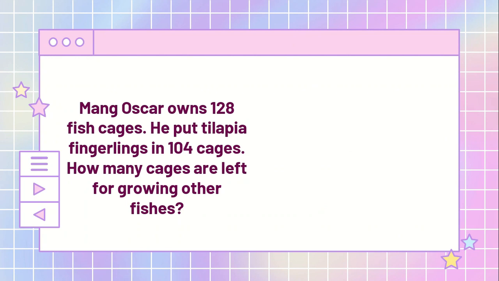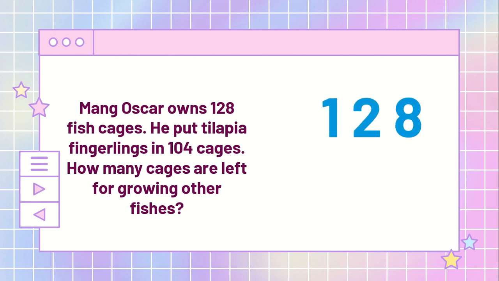Let's read first this one. Mang Oscar owns 128 fish cages. He put tilapia fingerlings in 104 cages. How many cages are left for growing other fishes? So what are the givens here? Very good.